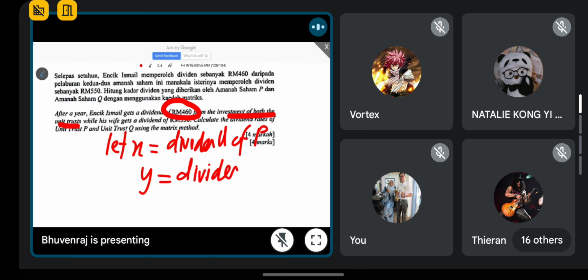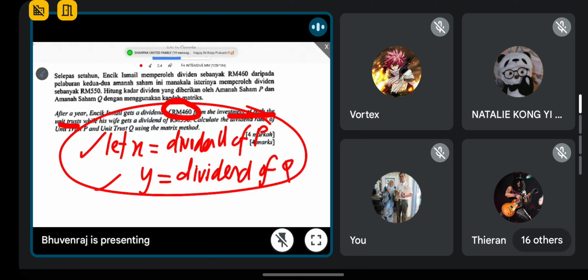Okay, you must write this assumption now, guys. Kena tulis anggapan macam ni in your exam paper. Then only the examiner will know where you are going actually. Apa hala tuju kamu. Kalau kamu tak tulis macam ni, kamu terus mula jalan kira kamu, pemeriksa boleh tanya kamu balik. The examiner can ask you back: does X represent P or Q? I don't know. Does Y represent P or Q?